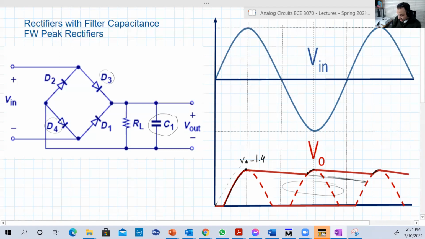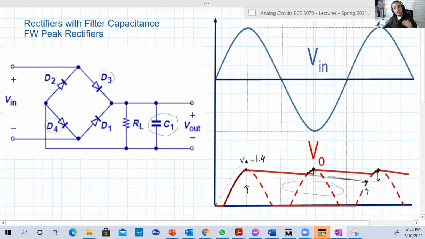So this discharging will last from that point in time to that point in time. And of course, the difference between that point and that point is higher than the difference between that point and that point, which is really smaller than this one.